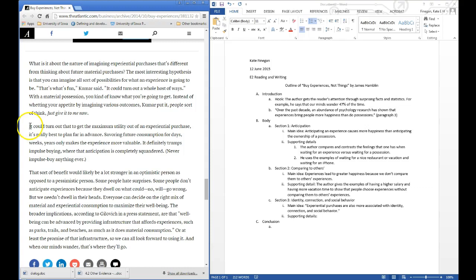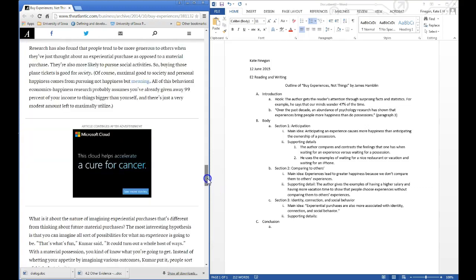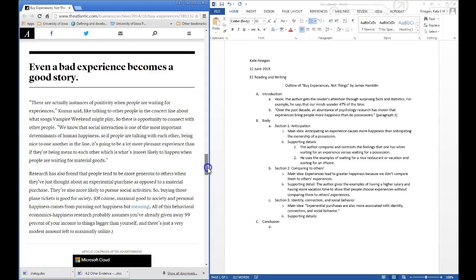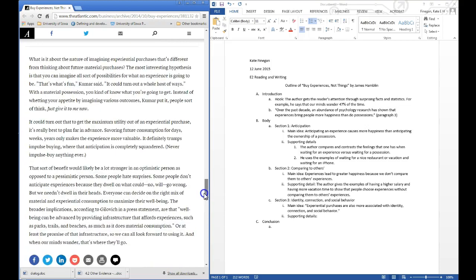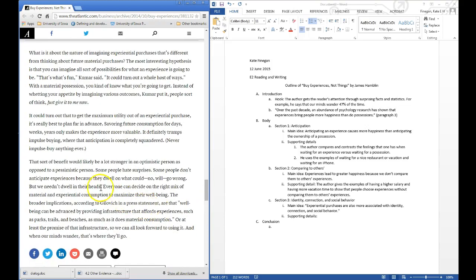So the author talks about the research that looks at experiences, and then he talks about some of the implications of the research.